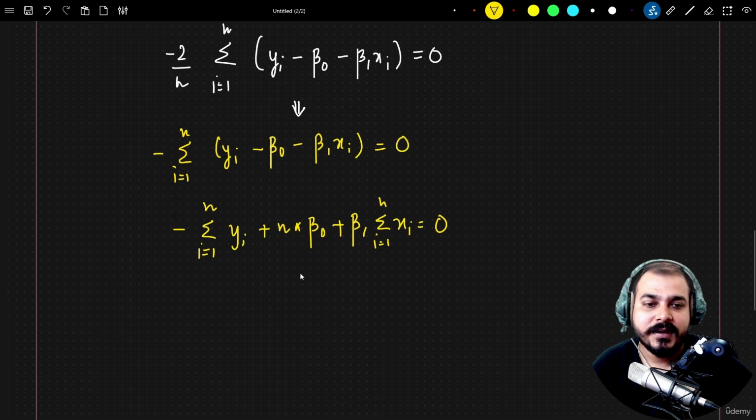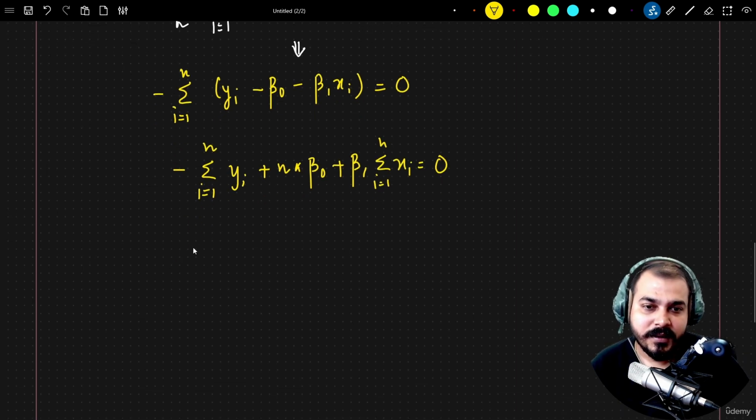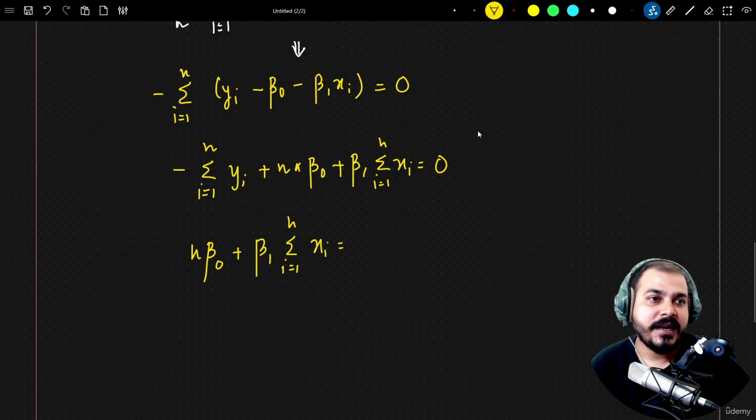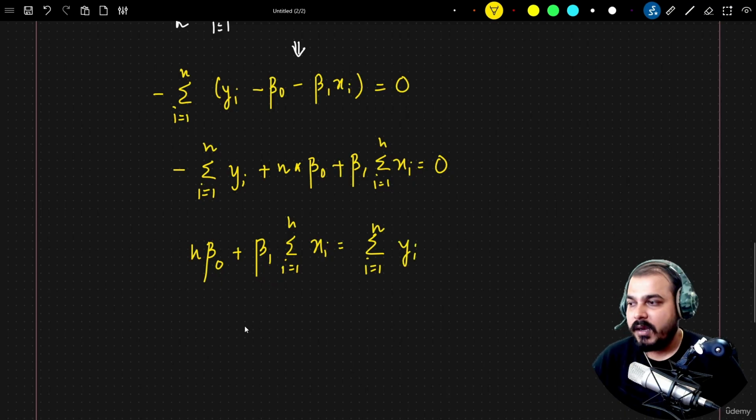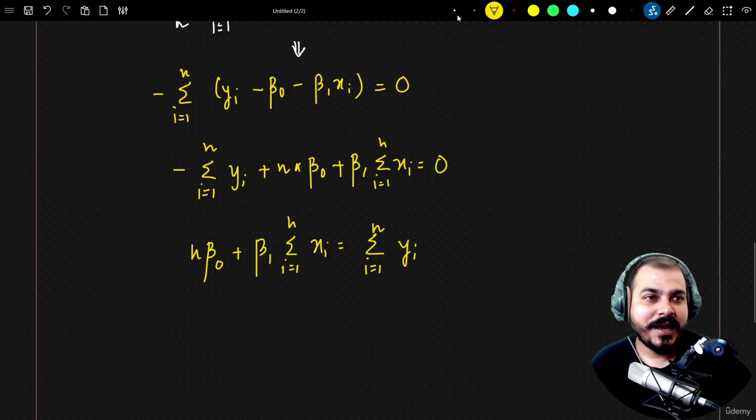So this is what we have actually done over here. Now all I have to do is consider n multiplied by beta 0 plus beta 1 multiplied by summation of i is equal to 1 to n x of i is equal to, I'll move this entire equation over here. So this will become summation of i is equal to 1 to n y of i. Okay. Now again, my aim is basically to calculate beta 0.